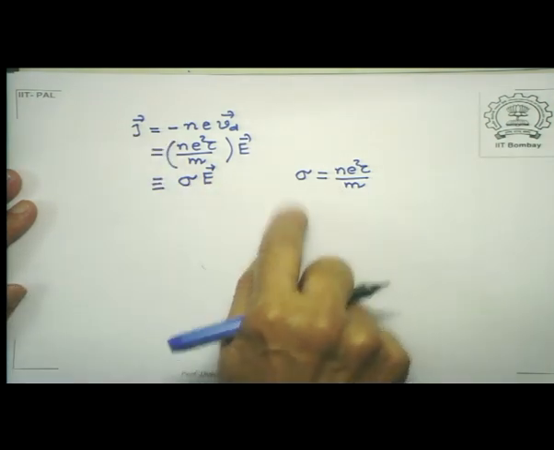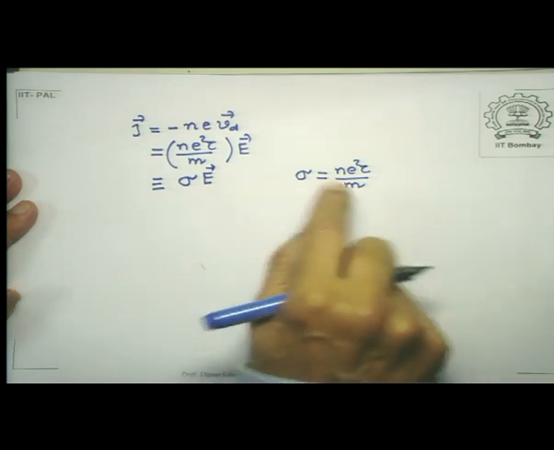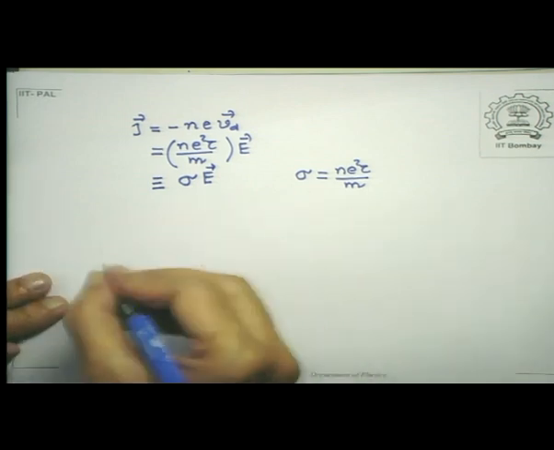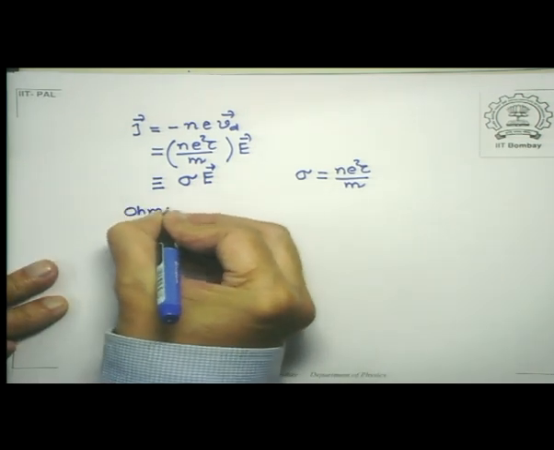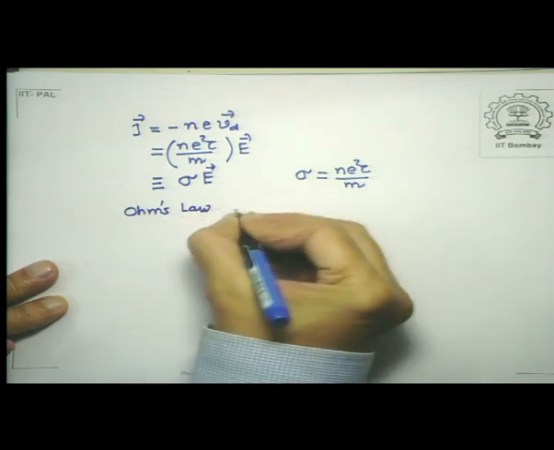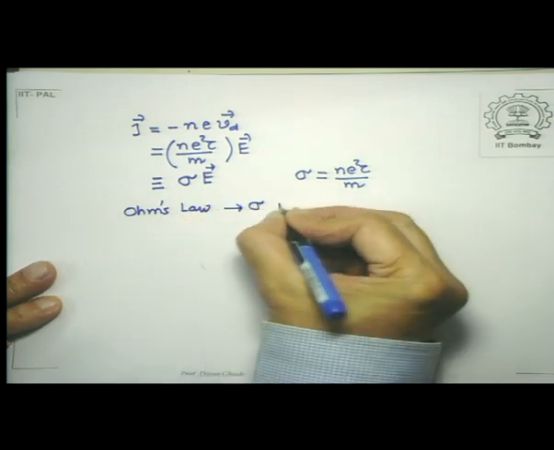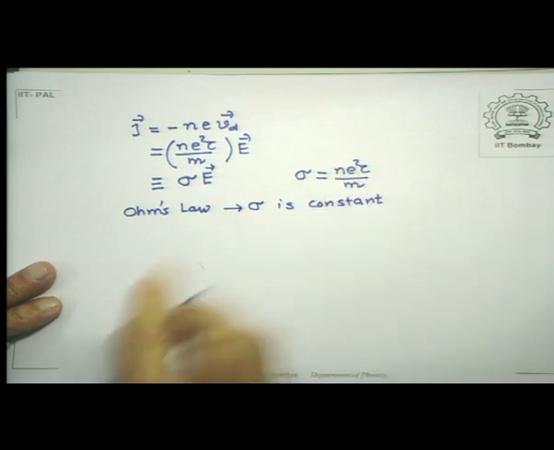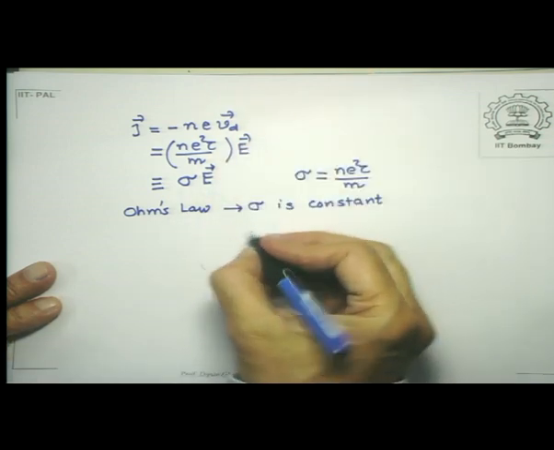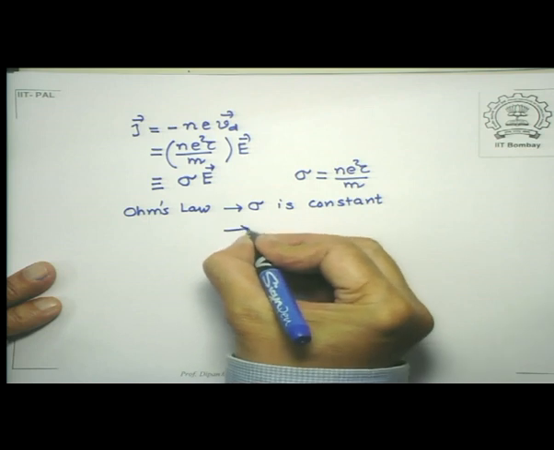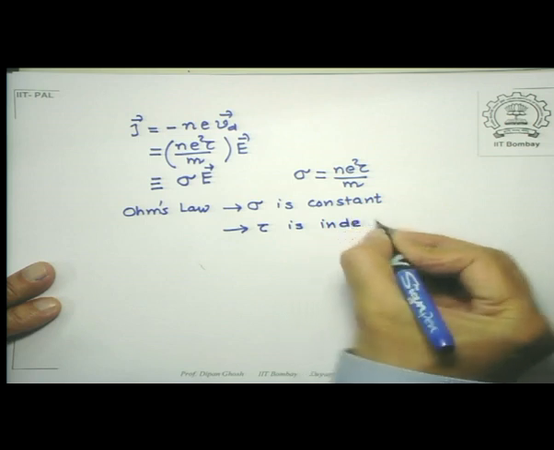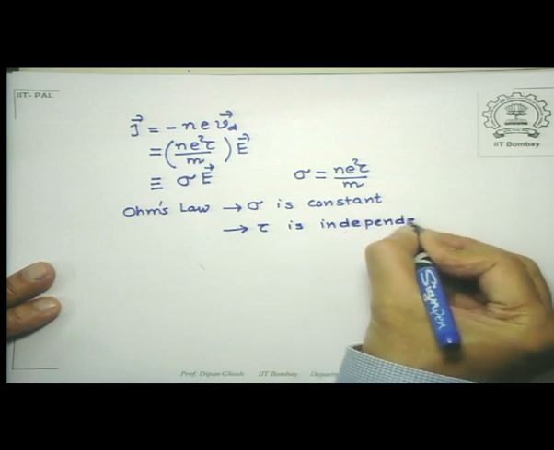Ohm's law will be valid if sigma remains independent of E. So, this means Ohm's law's validity is the same as sigma being constant. Since in my expression I have N E square over m, which depends upon the characteristic constants, this implies tau is constant. By constant I mean independent of the electric field.